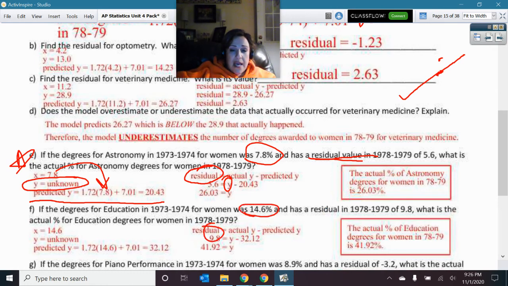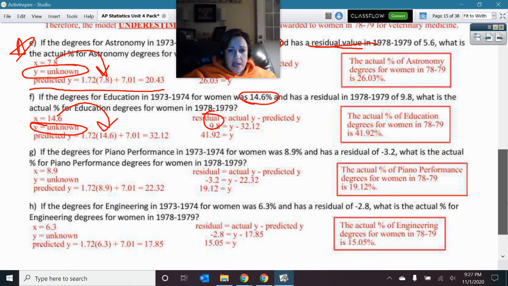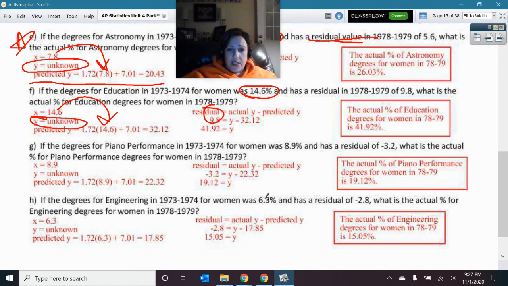They tell you the X value of 14.6 and want to know the actual Y. Plug the X into the equation for the predicted Y and then solve for actual Y. All right, and that's the exact same thing also for letter G. Plug those things in, you get 19.12% for your answer. And then here's the last one for engineering. So those last 4 questions all did the exact same process. So you could just practice those same things and check your answers here.